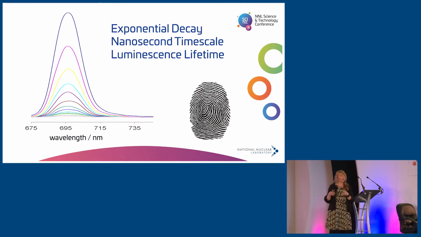We find that this intensity decreases exponentially and on the nanosecond time scale. The information that we can get from spectra like this is a function called the luminescence lifetime, a measure of how long the excited americium species lives for, and for americium, that is on the order of nanoseconds.